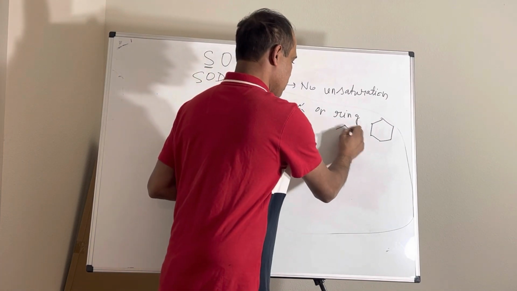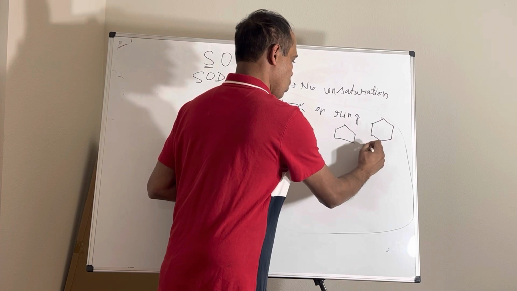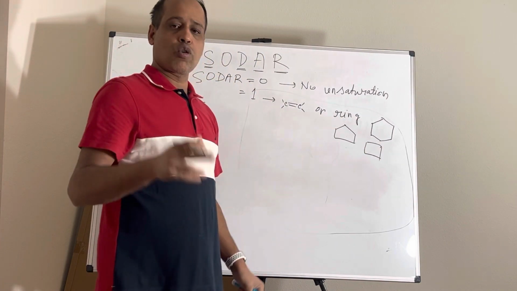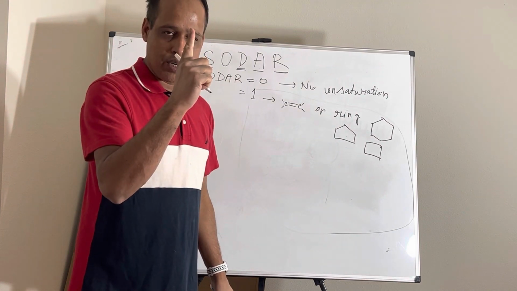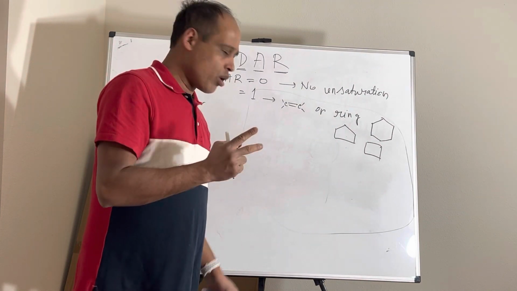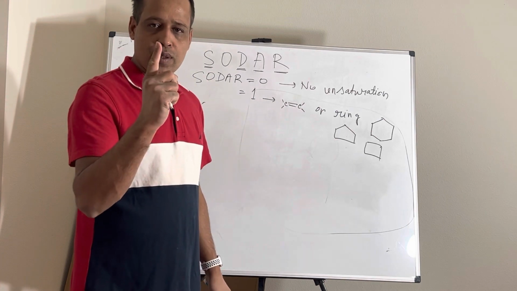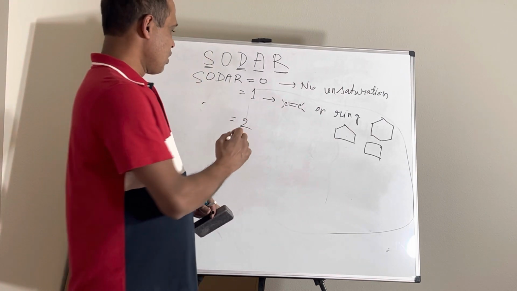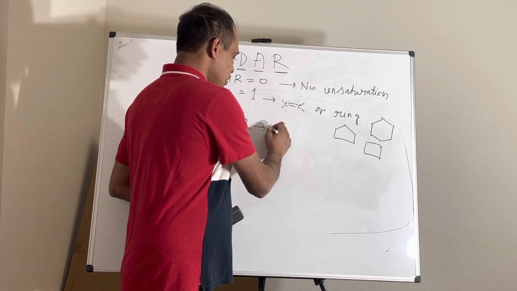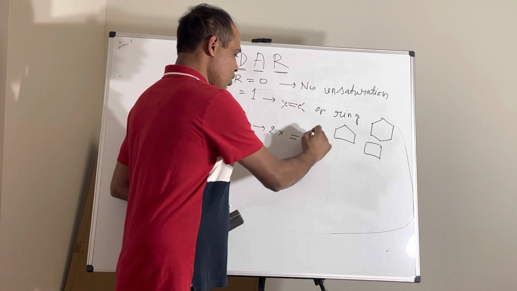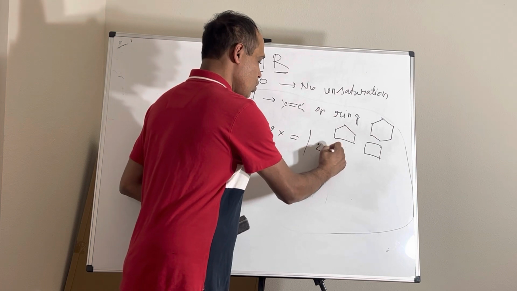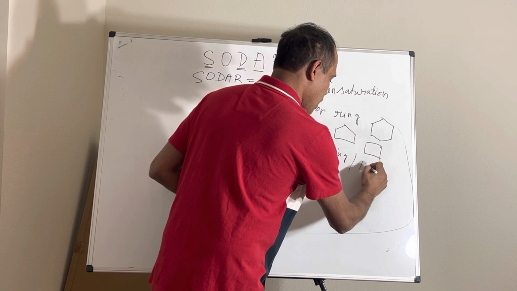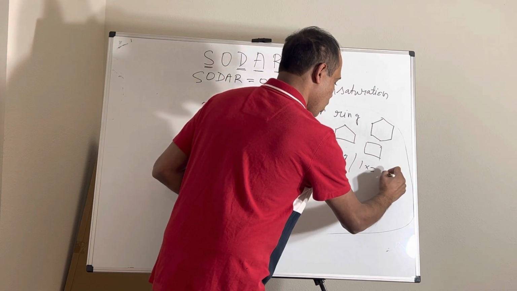Or like cyclopentane, or cyclobutane, those are rings, but there is no double bond. So for a ring, SODAR is counted as 1, and for one double bond also counted as 1. So if you have SODAR number 2, then you can say either you have 2 double bonds or 2 rings, or 1 double bond and 1 ring.